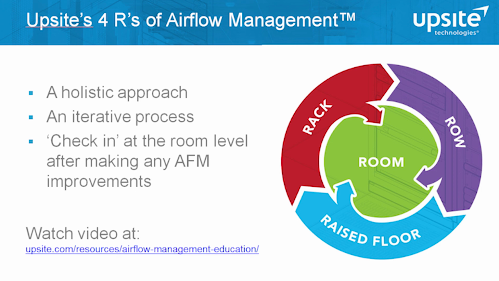Look at the raised floor and look at the open area. Specifically, there are 2 types of open area in a raised floor: either a supply tile where it should be, or an opening in the floor where the air coming out is not contributing to the IT equipment cooling. So that would be either an unsealed cable opening under the cabinets, or a supply tile in a hot aisle, or an open area.